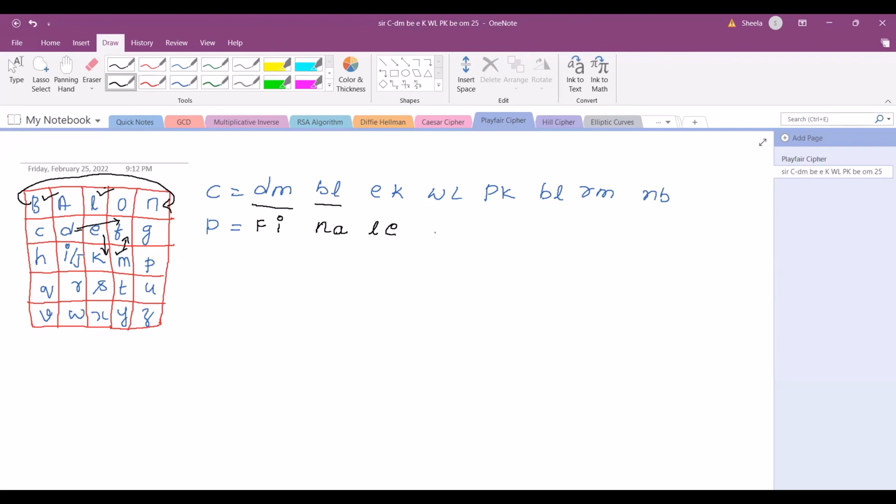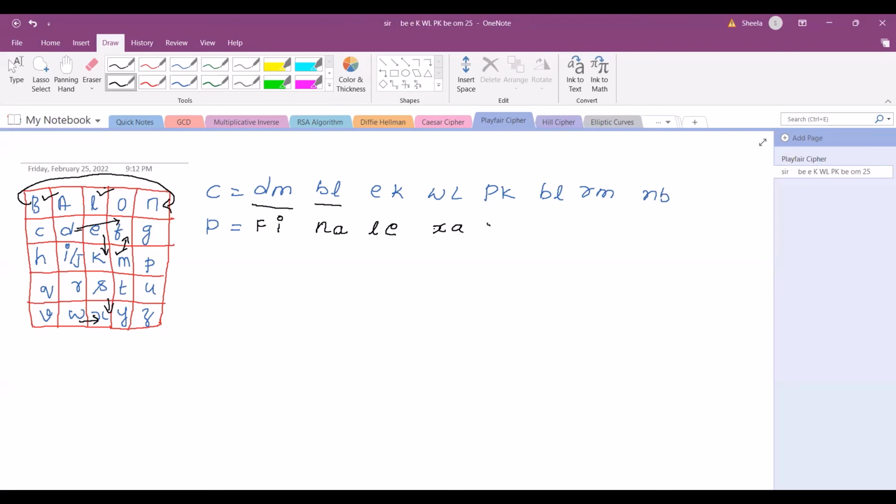Similarly for WL, the row of W and column of L gives X, and for L, the row of L and column of W gives A. So W is replaced by X, and L is replaced by A. And for PK, again here we took the letter to the right, but now we have to take the letter to the left.